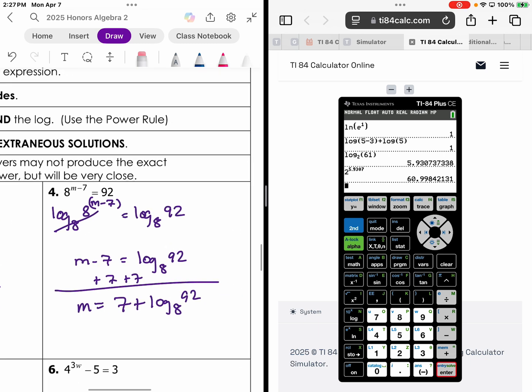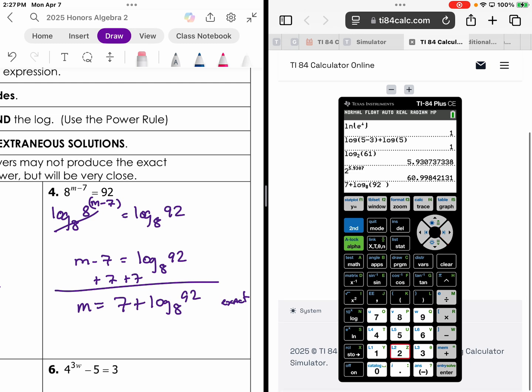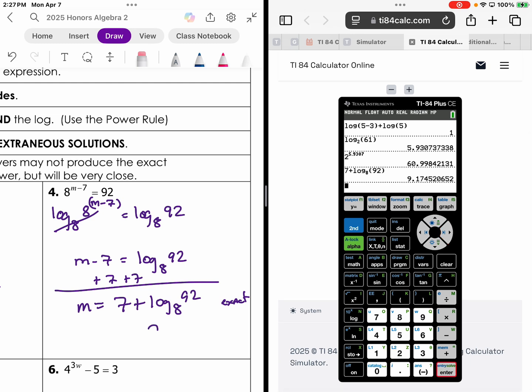So if they're asking for the exact answer, that's the exact. So 7 plus alpha window, option 5, log base 8 of 92. And we get 9.1745.